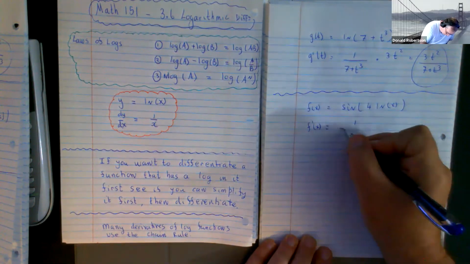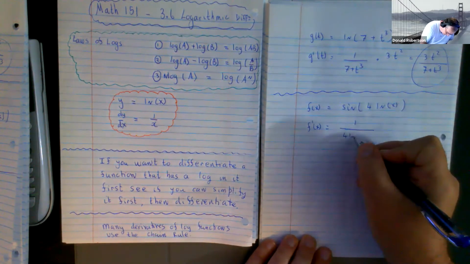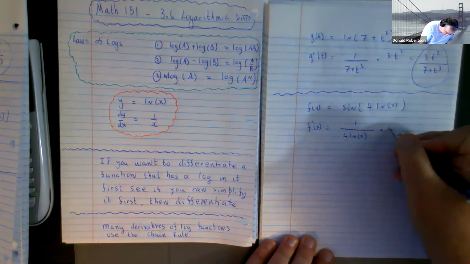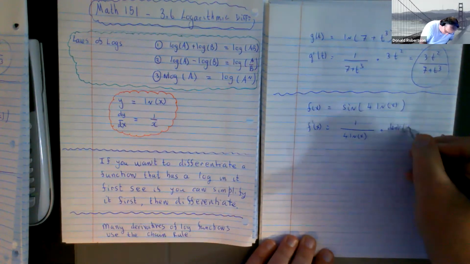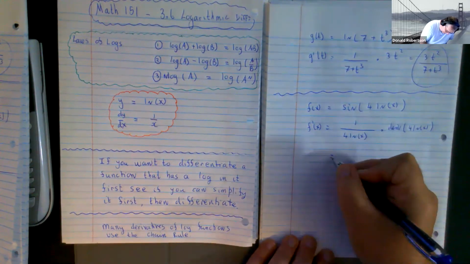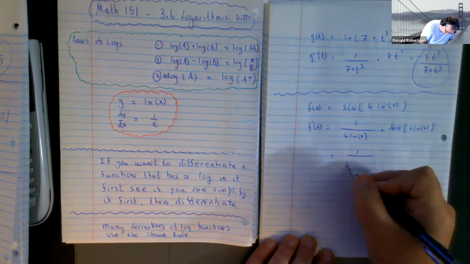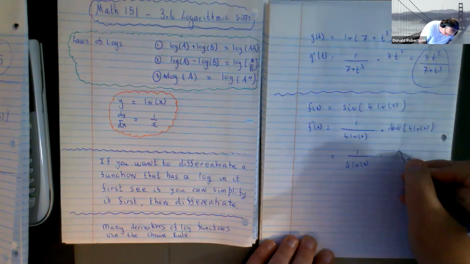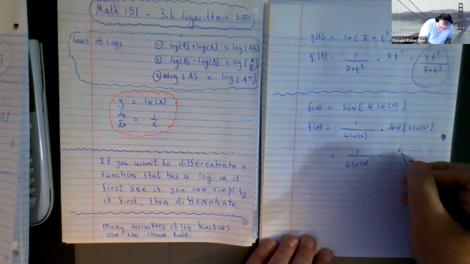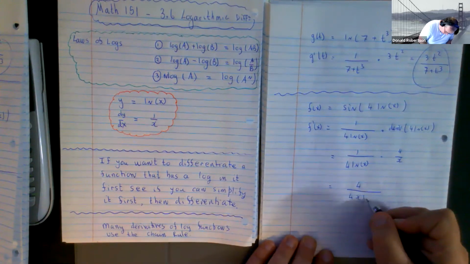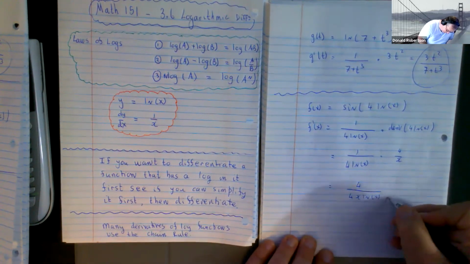It's 1 over that something times the derivative of that something. So it's 1 over something times the derivative of that something, which is this fella. And then you make it look pretty. And that's your answer.